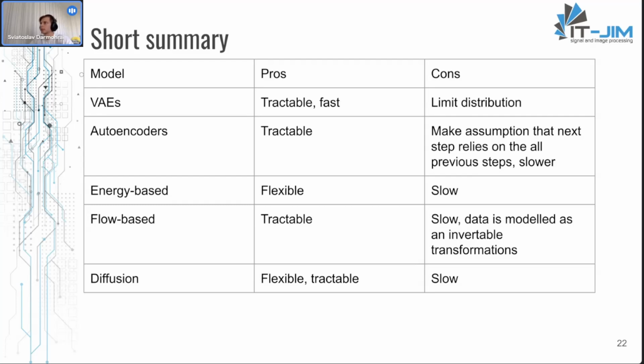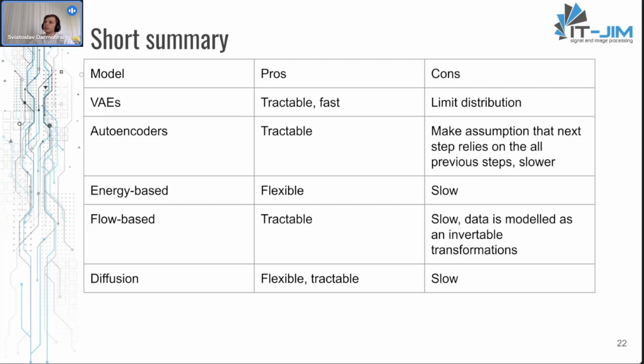Autoregressive models are tractable, but they assume the next step relies on all previous steps, and they may be slower. In the context of current LLMs, we need to get features from all previous tokens to get the next one.